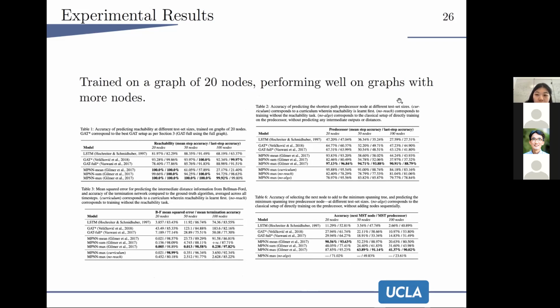But here, what I'm listing are the most direct results involved in the algorithms that we mentioned before, and all those results are the test cases where the training is on graphs of 20 nodes only.